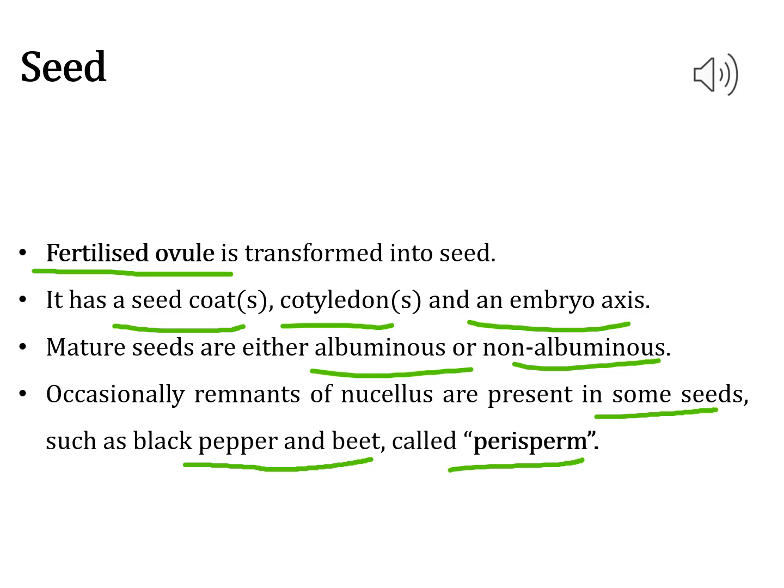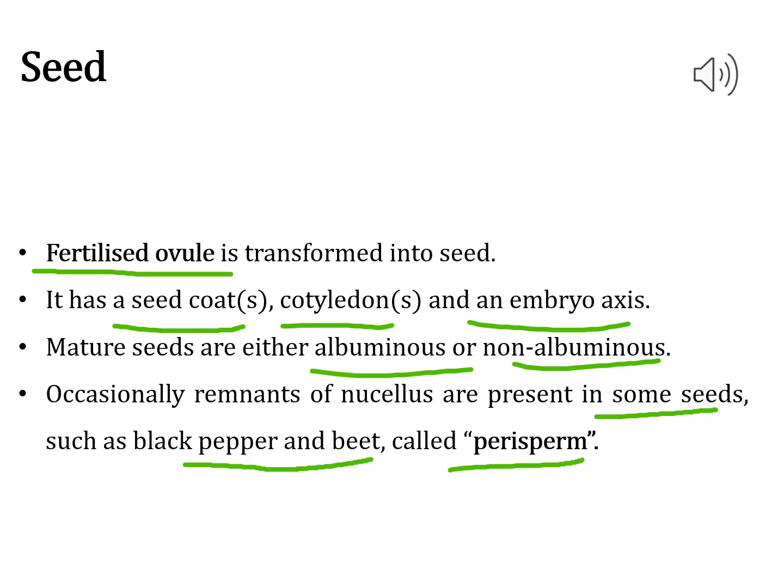Mature seeds are of two types: non-albuminous seeds and albuminous seeds. First, non-albuminous seeds have no residual endosperm. It means the endosperm is completely consumed during embryo development. Best examples of non-albuminous seeds are pea, groundnut and beans.